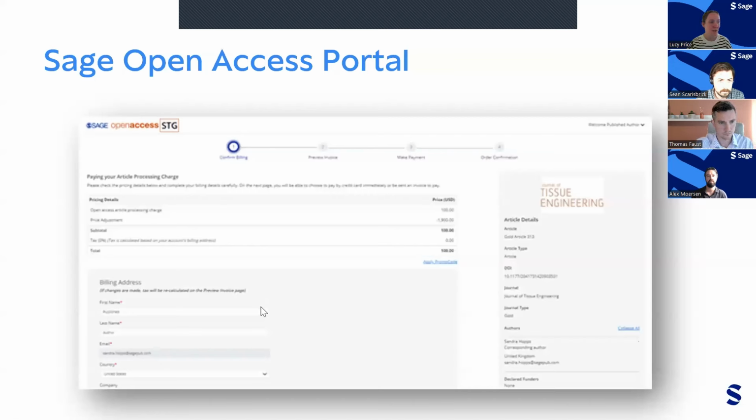Once your article is accepted, following the peer review process, within a few days you will receive an email from openaccess@sagepub.com with a subject line of "Complete the open access process for your article." The email invites you to complete the open access process for your article. Begin by clicking on the links provided. You can pay by credit card or send a final invoice, which can be paid via bank, wire transfer, or credit card.